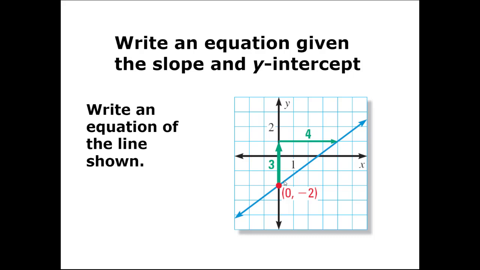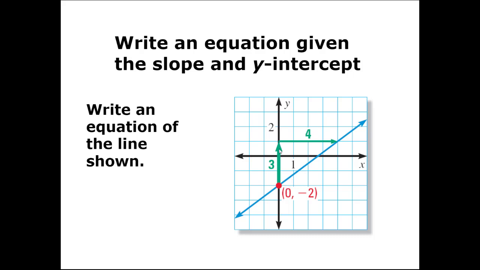Remember, that's the change of the y over the change of the x. So the y is up and down, right? It's the vertical change. So here we have that there was a change of 1, 2, 3 units. And now we need to know the horizontal change, which is from here to here is 4 units. 1, 2, 3, 4.